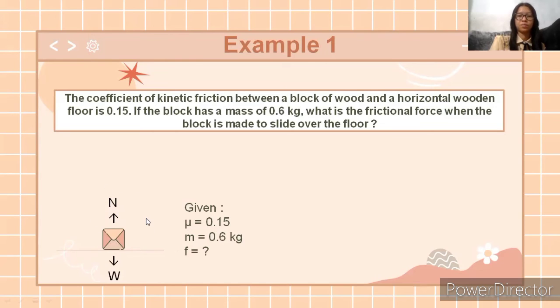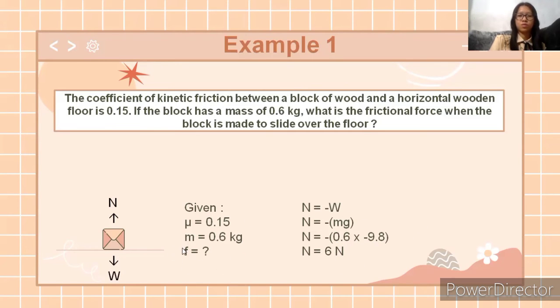So first we're going to find N. N is equal to negative weight. N is equal to negative mass times gravity. N is equal to negative 0.6, which is the mass, times gravity, which is negative 9.8. N is equal to 6 Newton.